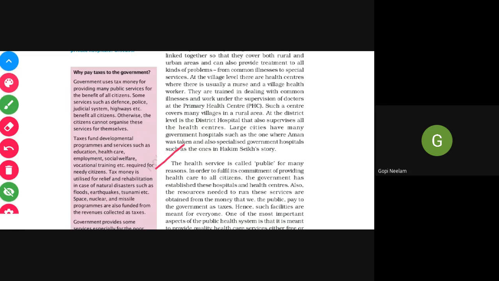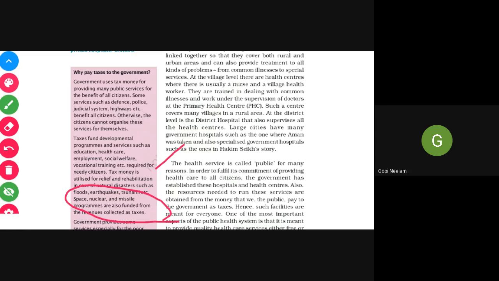Not only for disasters, space, nuclear, and missile programs are also funded from the revenues collected as taxes. You might have seen in the last academic year there was a huge discussion about Chandrayaan 2. What was it about?